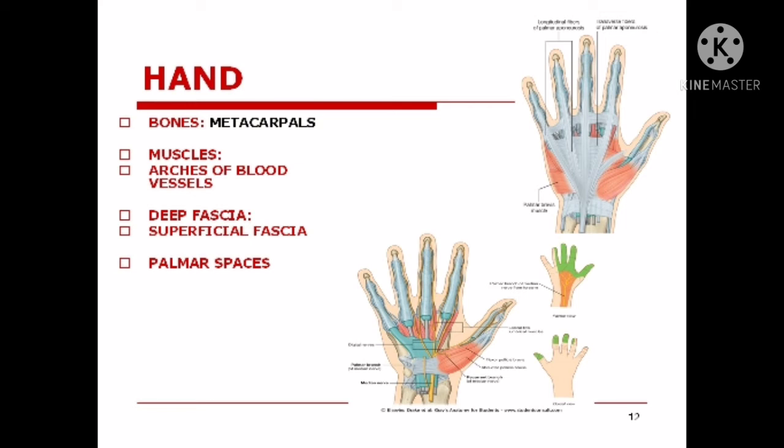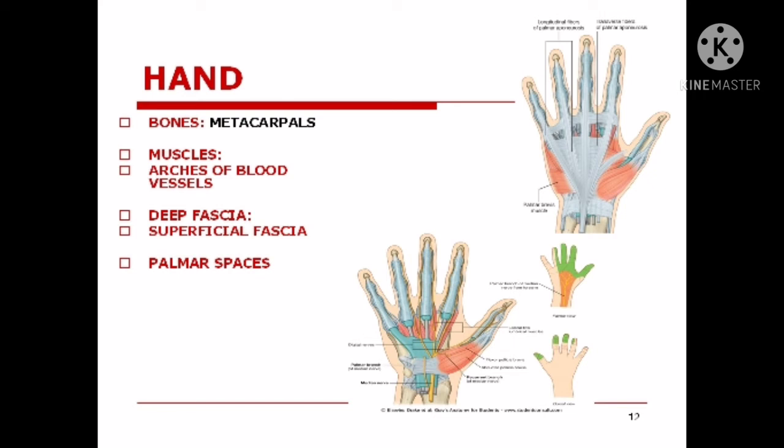The deep fascia forms the palmar aponeurosis, a tough, flattened sheet. The superficial fascia exists above the deep fascia, and it forms cushion-like structures which provide softness and strength of grip. And the palmar spaces.